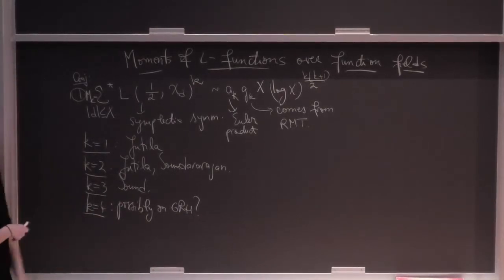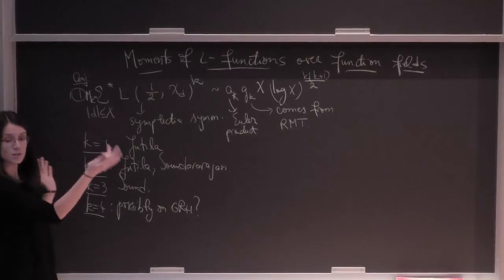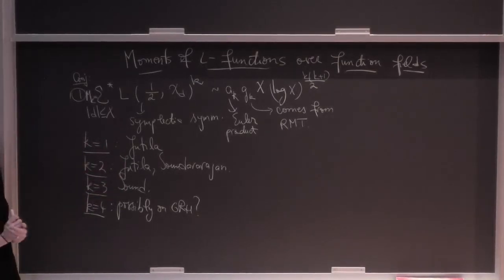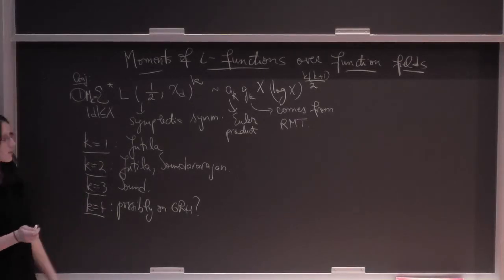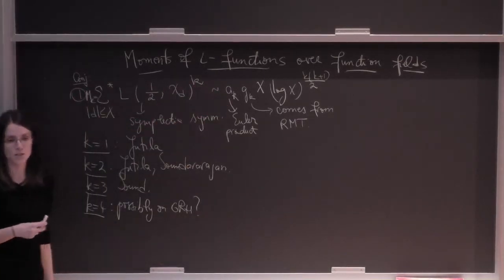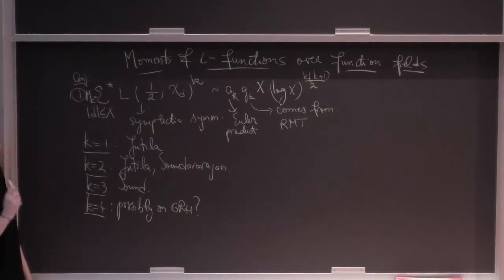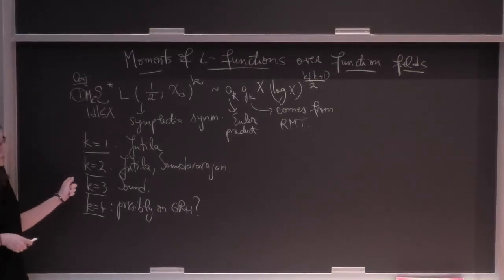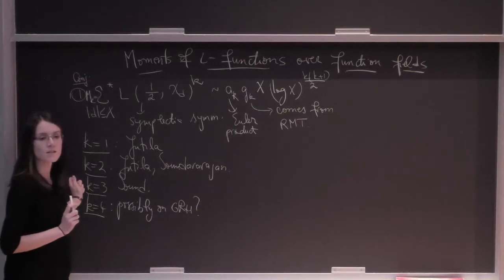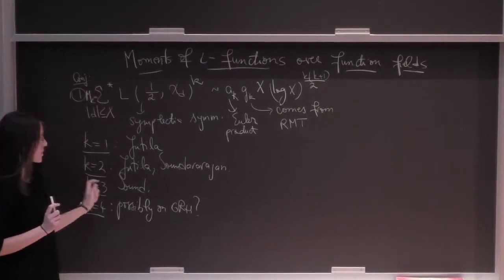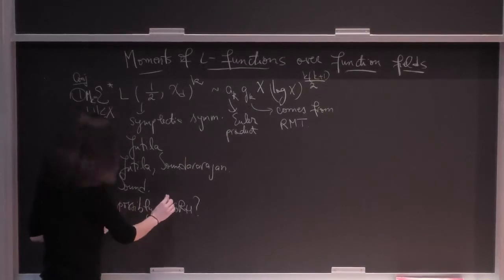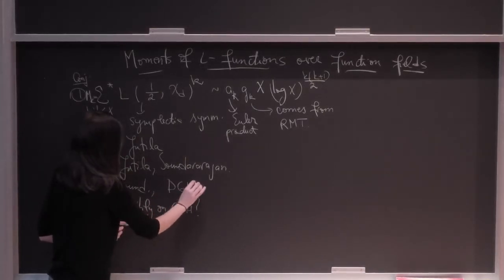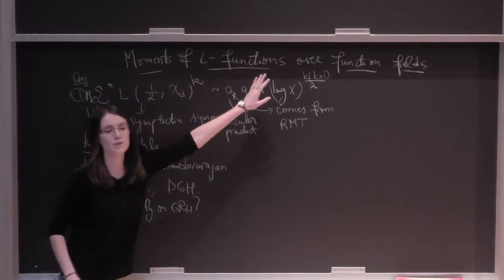And as you said, there are other conjectures using a different approach, the multiple Dirichlet series approach. This is work of Diaconu, Goldfeld, and Hoffstein, who also recovered these conjectures for moments. Their work allows them to predict that for cubic and higher moments, there should be lower order terms.